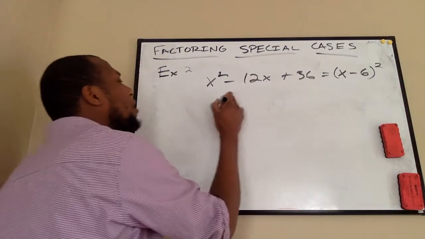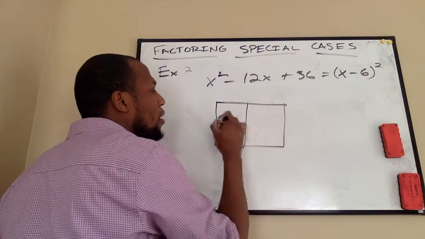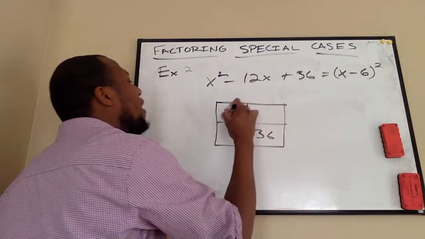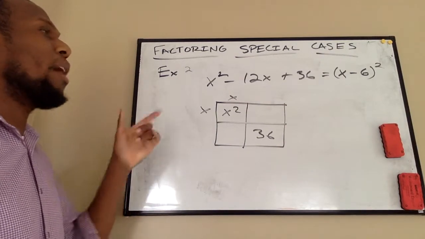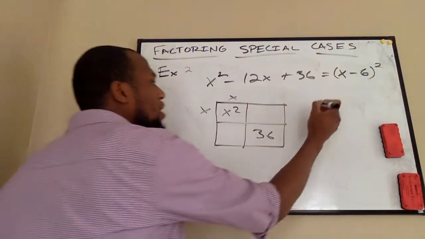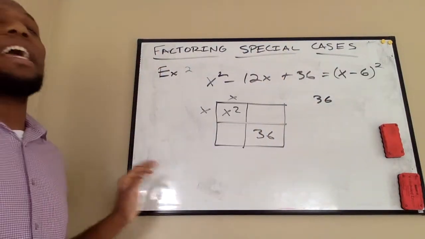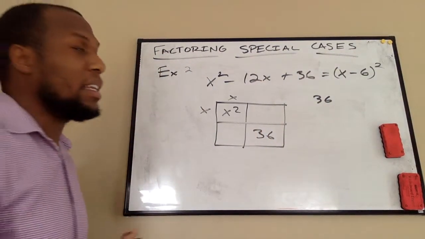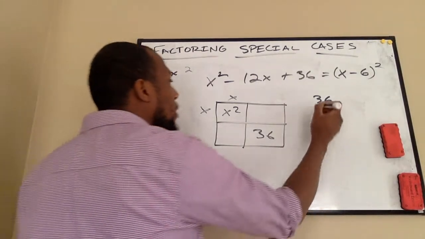If you don't notice the pattern, then we will factor it the same exact way we've done it before. Putting 36 there, x squared there. I know x and x will give me x squared, so I can always fill those in. Then I need 2 numbers that multiply to 36 and give us negative 12. Because we're notified that it's a special case, we know that they're going to be the same number.